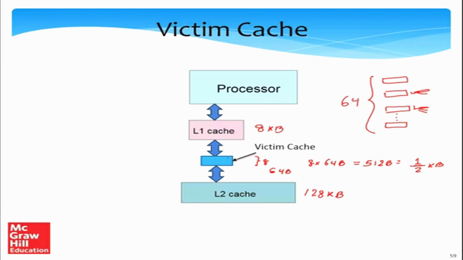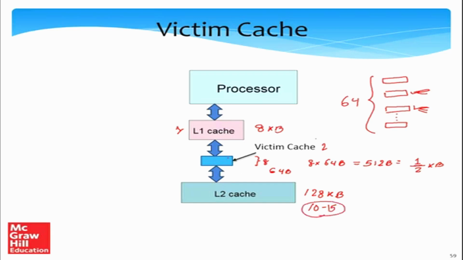A victim cache can prove to be very useful because it's not significantly adding to the access time. The L1 cache takes 1 cycle to access, and whether we access the L1 and the victim in parallel, or the L1 first and the victim later, the access time to the victim cache will still be an additional 2 cycles or so. As compared to that, an L2 cache can take much longer to access, somewhere between 10 to 15 cycles. So there is still a significant amount of speedup.